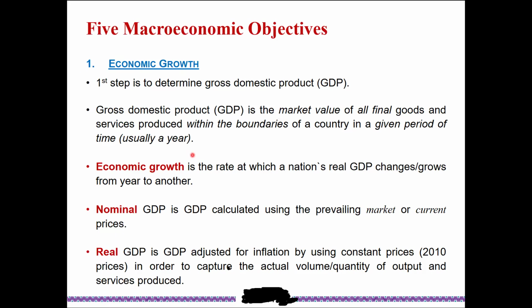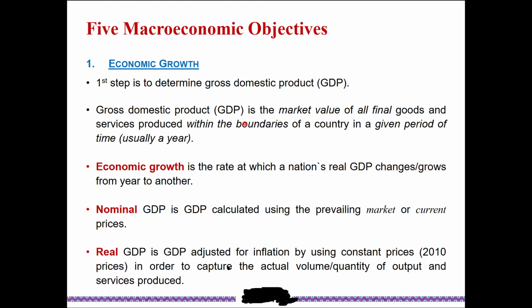Remember I said economic growth is an increase in the production, which is an increase in real GDP. So if there's an increase in the production of goods and services, let me just start from GDP. If GDP is increasing, which is basically the goods and services which have been produced within the boundaries of the country, if those goods that have been produced are increasing, what does that tell you?